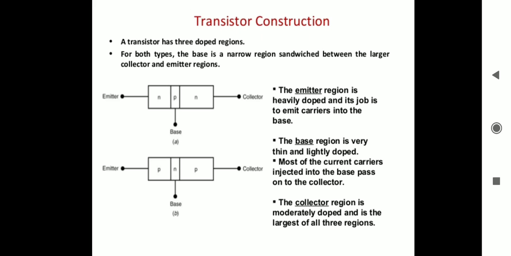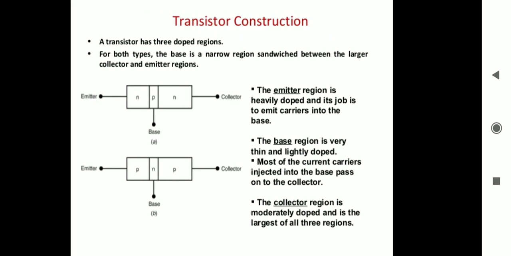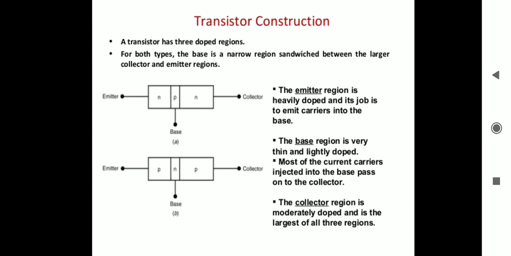Now let us discuss the unbiased transistor. For an unbiased transistor, no external power supply is connected to it. The formation of a depletion region is as in an unbiased PN junction diode; as a transistor is formed of two PN junctions, we can apply the same concept here as well.